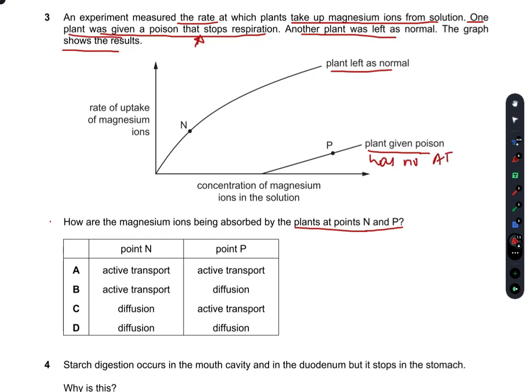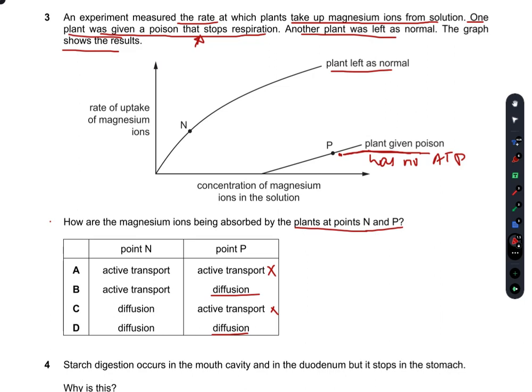No ATP was produced, means active transport was not involved in the absorption. So we can rule out A and C. Definitely the movement will take place by diffusion. We are only left with diffusion.